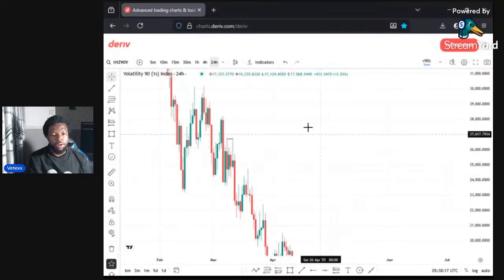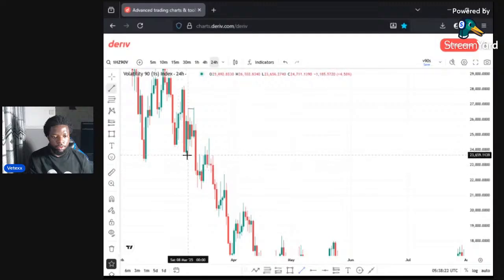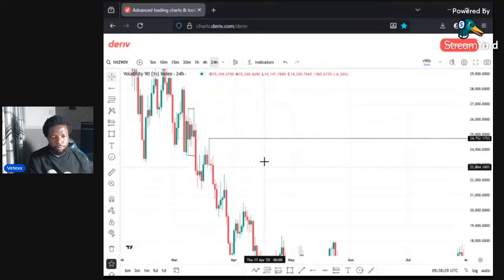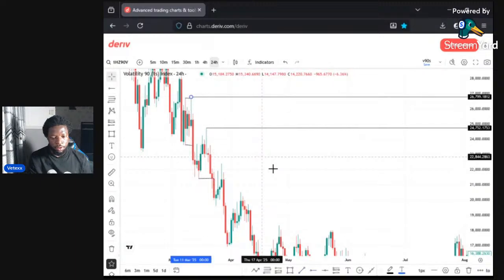Okay, and then we have a break of structure. We have our structural liquidity. There's a second break of structure here. Then we have protected high.